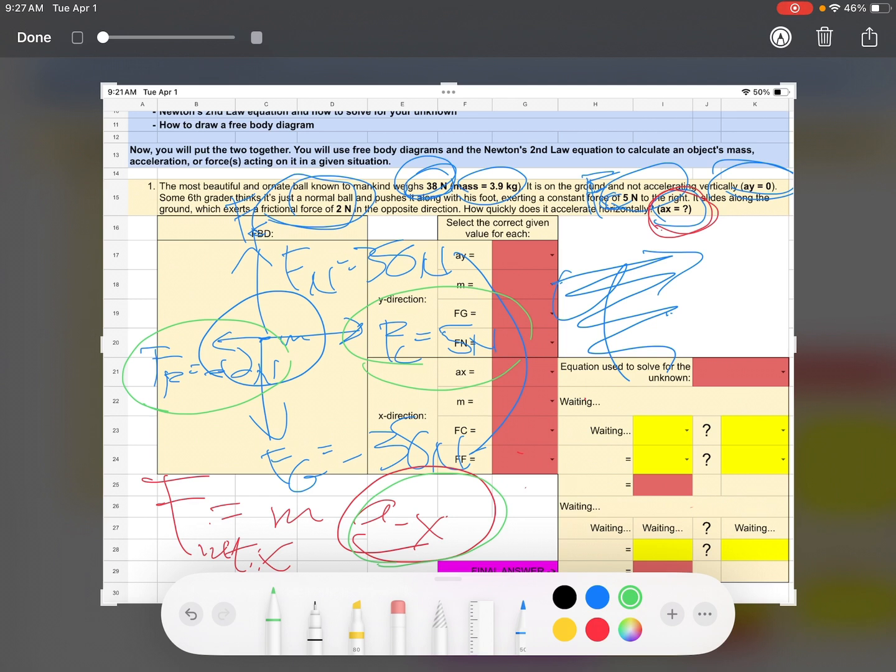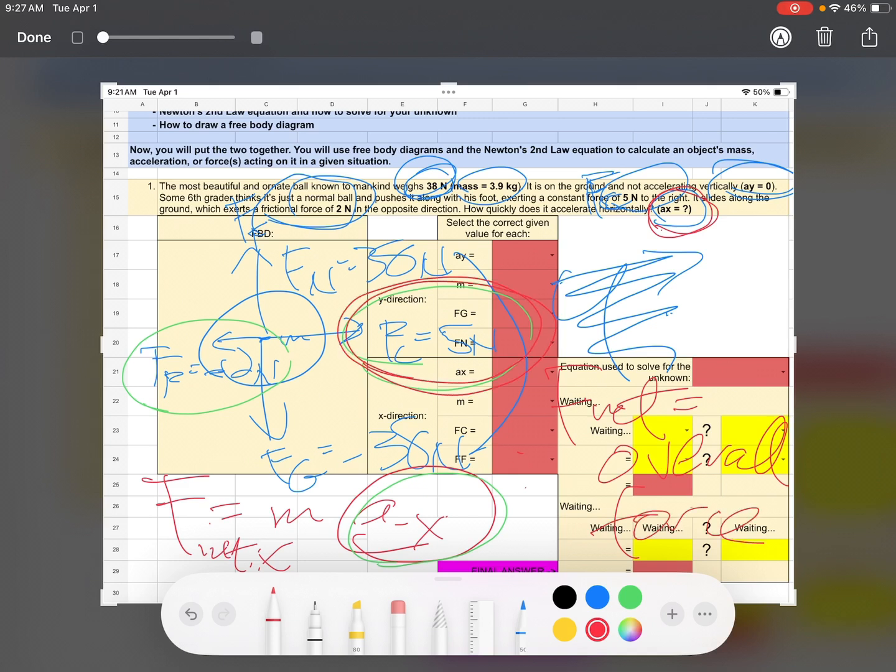If you know all the forces in a particular direction, you could solve for the net force just by adding them up. Remember, F net means overall force. Net means overall. So if you have 5 newtons pushing to the right, negative 2 newtons pushing back to the left, what's the overall force acting on the object?